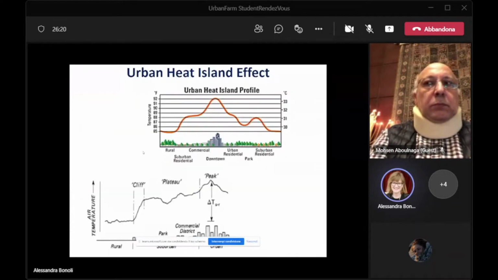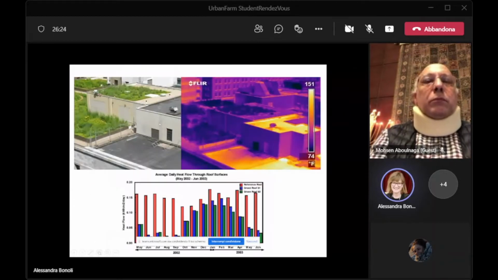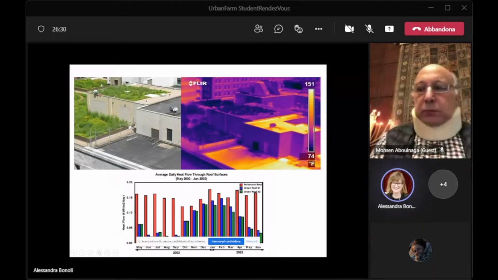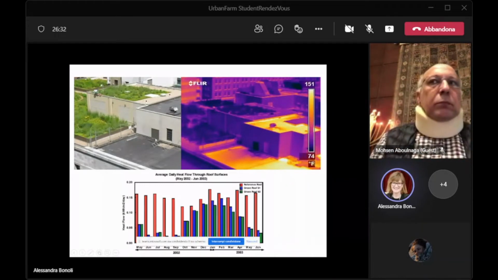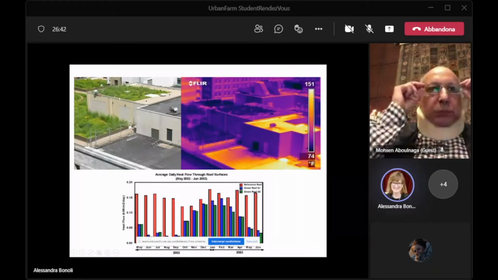Talking about the heat island effect, we can see here a comparison between a common gray roof, just having a waterproof membrane on the surface, and on the contrary you have here the green roof.